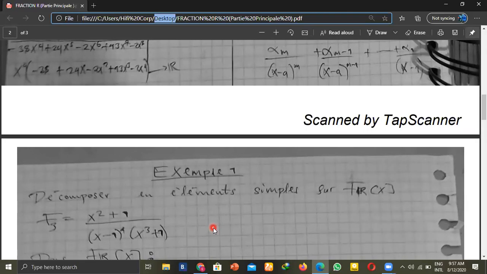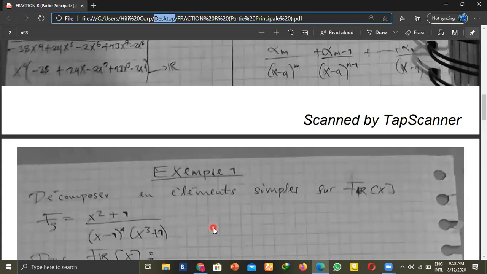When you find that when you do the subtraction, your degree is negative, what does it mean? It's null. What does it mean in a simpler way? When it's null, what does it mean?